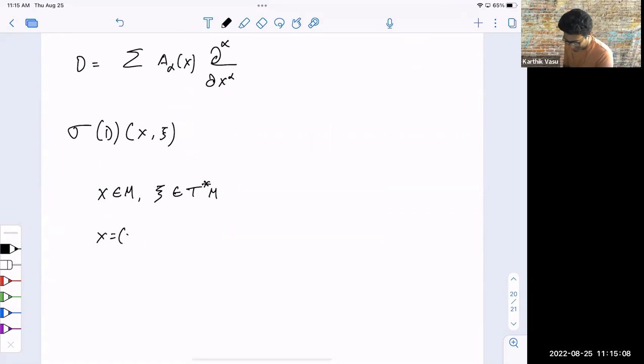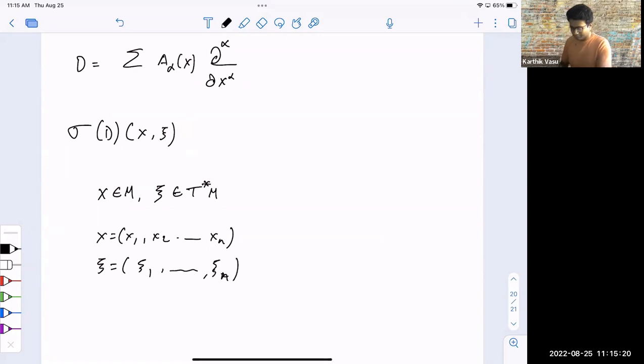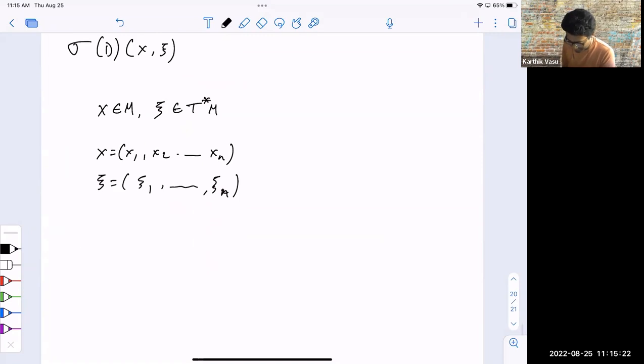Basically, you can think of x as x1, x2, up to xn, and c as c1 up to cn. My principal symbol of D, given x and c, will be defined to be the summation of a alpha of x.